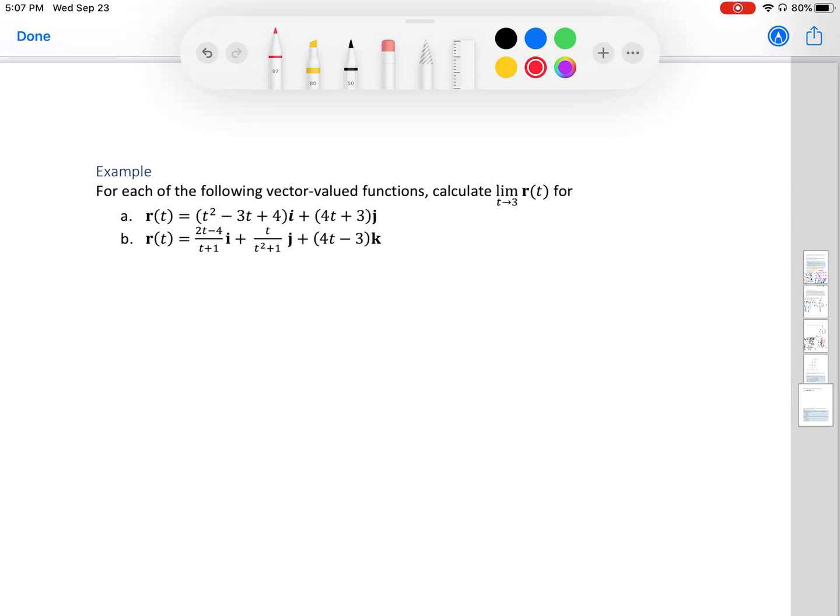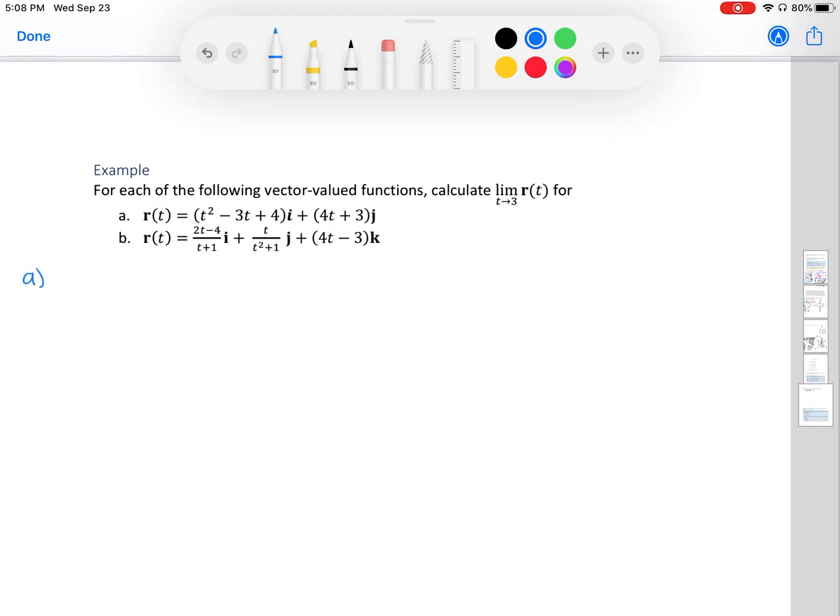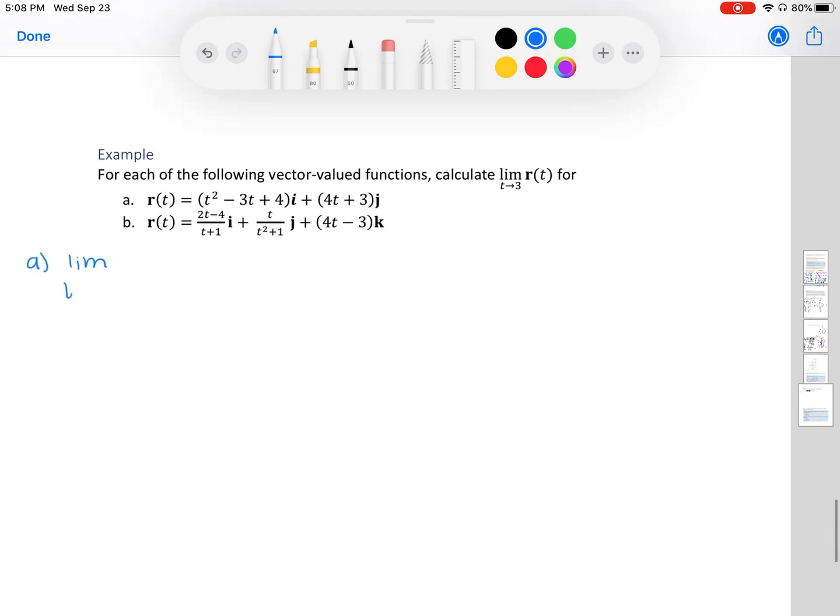For each of the following vector valued functions, calculate the limit as t is approaching 3 of r of t. So let's go ahead and do A. By our definition, we have the limit as t is approaching 3 of r of t. That means the limit as t is approaching 3 of t squared minus 3t plus 4 i plus 4t plus 3 j.